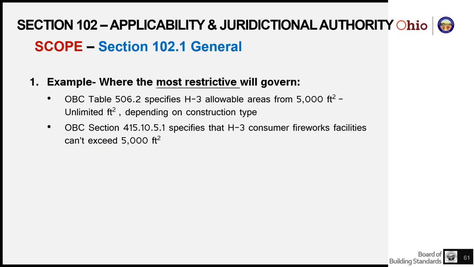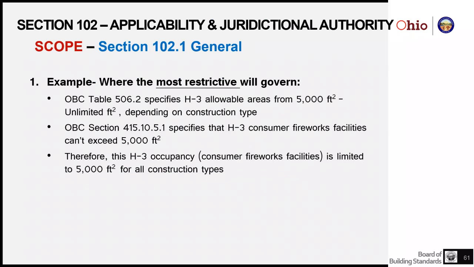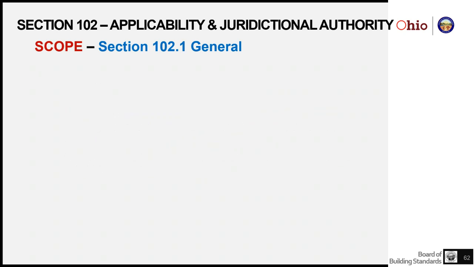One says any H3 can be unlimited depending on its type of construction. If it's specifically a consumer fireworks facility, it can't exceed 5,000, so more restrictive. Therefore, an H3 occupancy consumer fireworks is limited to 5,000 square feet for all types of construction. That would be an example of how 102.1 is applied.